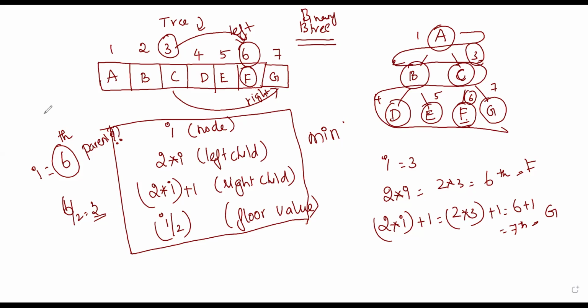Now there are two operations in min heap and max heap. One is insertion and another is deletion. When you are inserting an element in min heap or max heap, your element should be inserted as far left as possible.